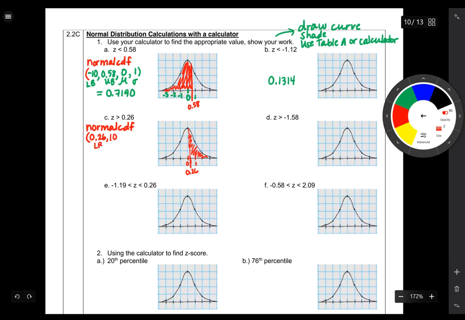So lower bound, upper bound, mean. Oops, I meant to put 0 here. 1, this is your mean. This is your standard deviation. Enter those values in, and you'll get an answer of 0.3974. Well, what if you think, no, I'm not going to use a calculator? Eventually you'll want to, and there are things that you need to use it for, so it just makes sense to learn how to use it right now. You didn't have to worry about the subtraction part, so that's awesome.